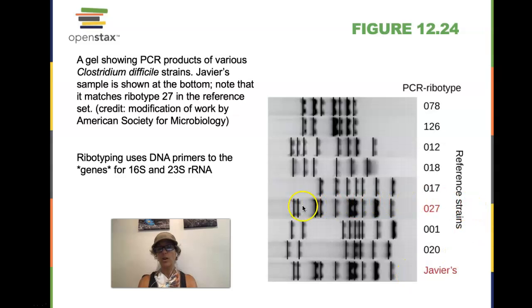That means he has the same as reference ribotype 027, and we know how to handle these particular strains, what there is about them, so knowing the patient's specific ribotype can help with treatment.